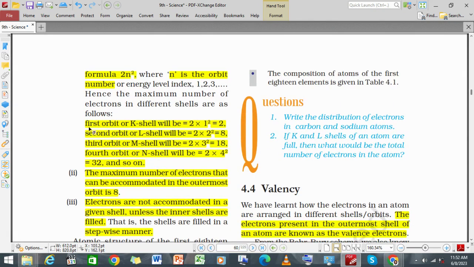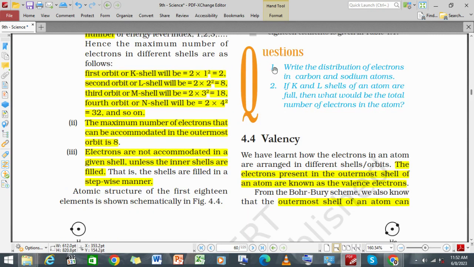The first orbit, or K shell, is closer to the nucleus. It is 2 into 1 squared, equal to 2, meaning it can accept only 2 electrons. The second orbit is L, which can accept 8, the third orbit is 18, while the fourth is 32.